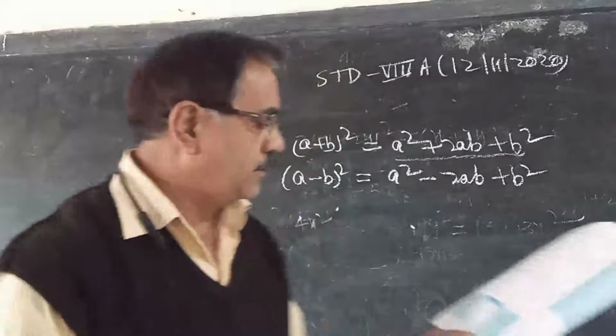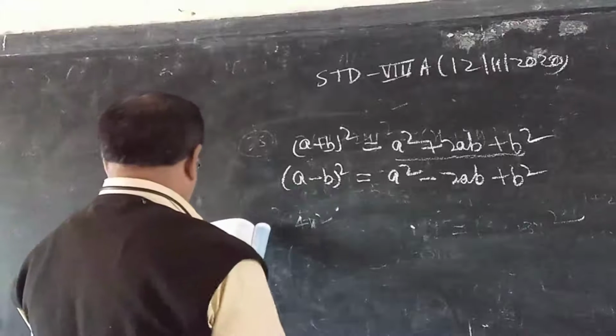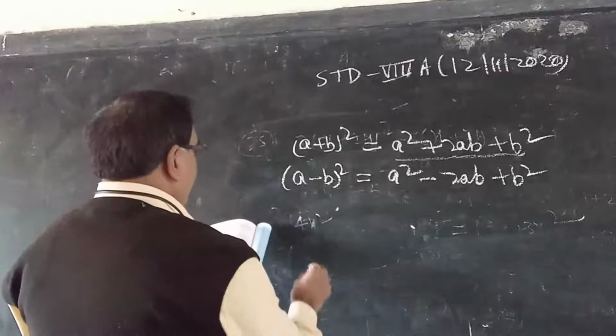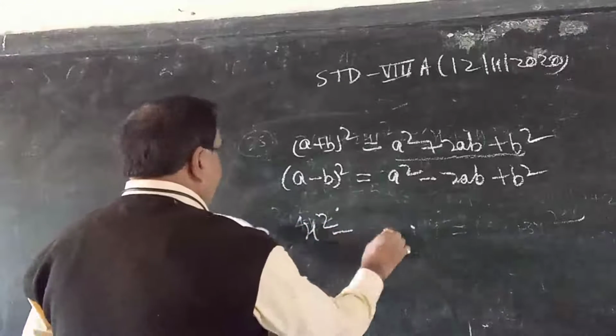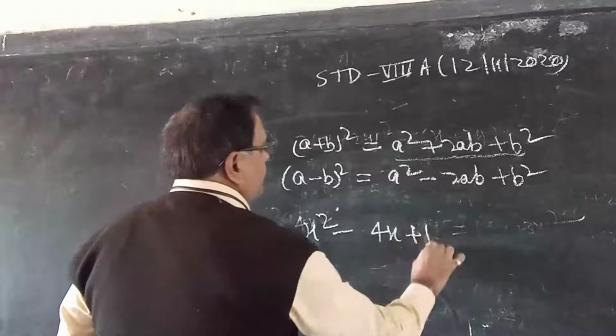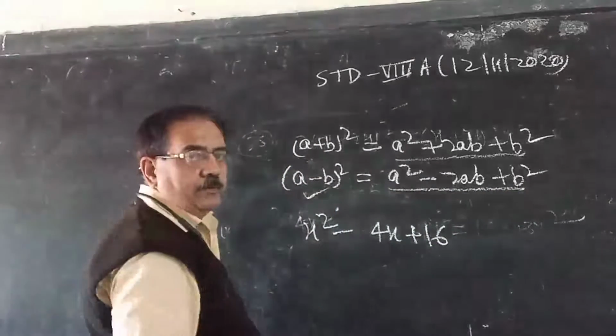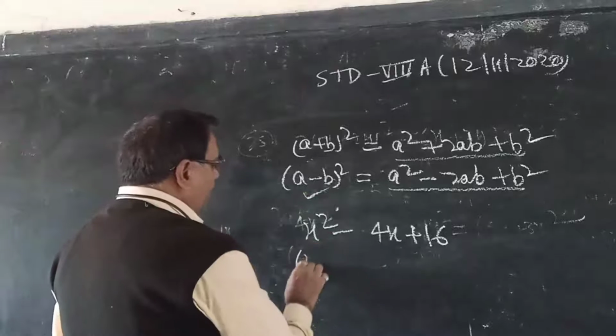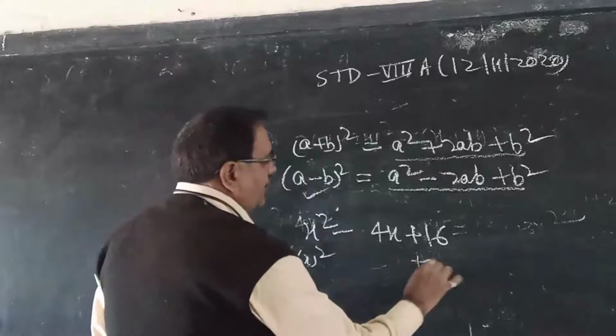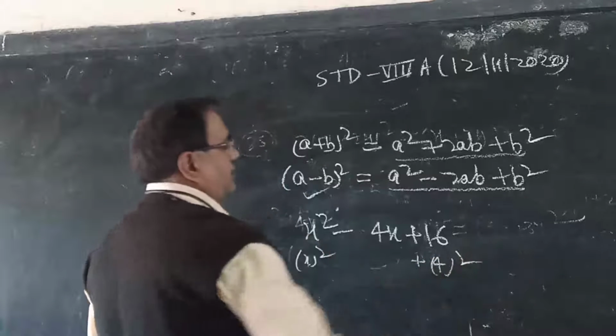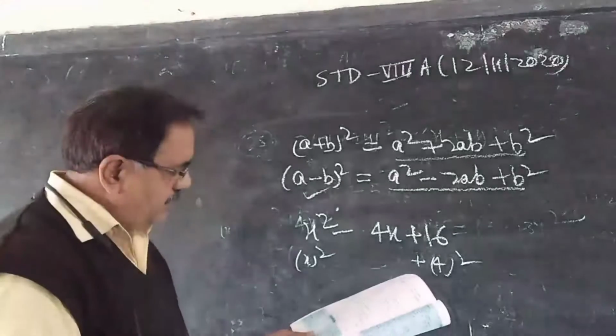This one: x squared minus 4x plus 16. This is given in this form; we have to write it in this form. In place of a we can write x squared, and last term, that is 4 squared, 16.